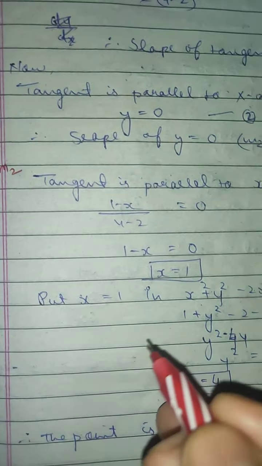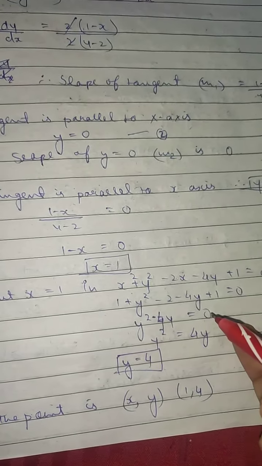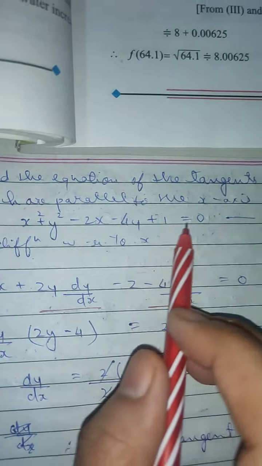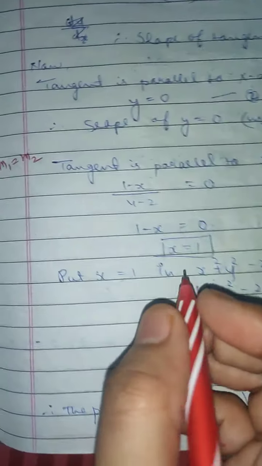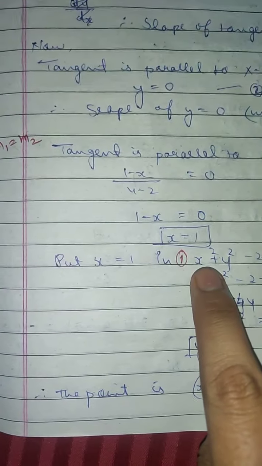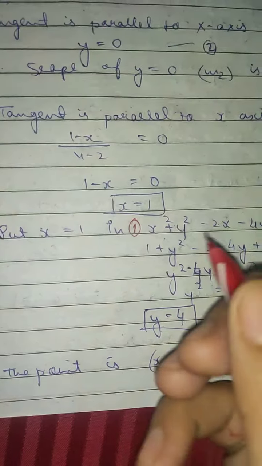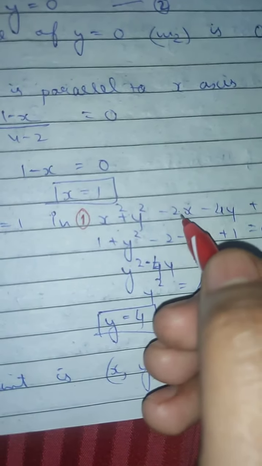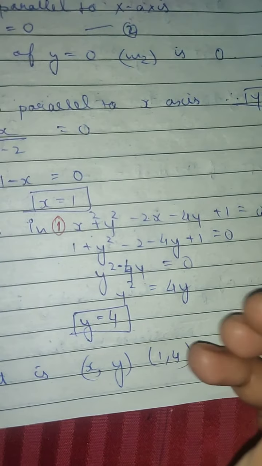Now this x is equal to 1 we will put in equation number 1. In this equation number 1 we will put x is equal to 1. So where is your x, we have to put 1. So 1 square will come 1, and here 2 into 1 is 2, and here as it is.